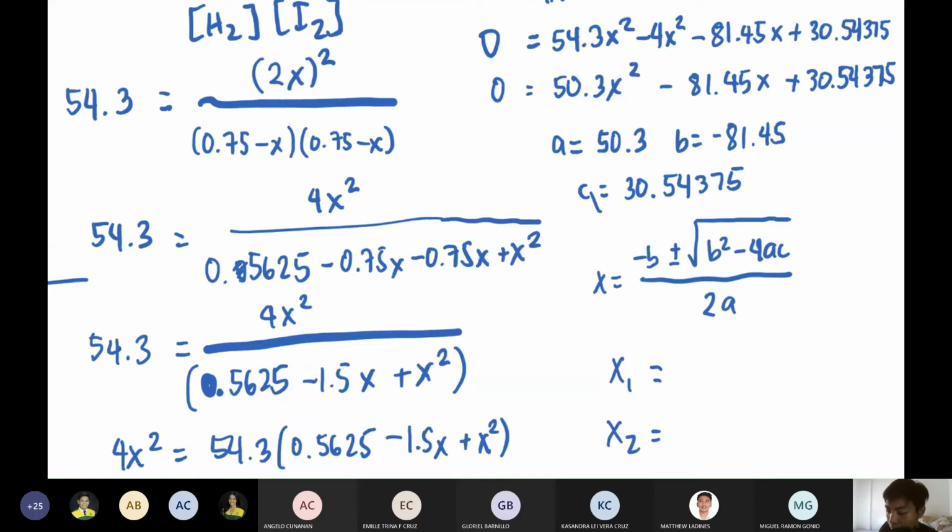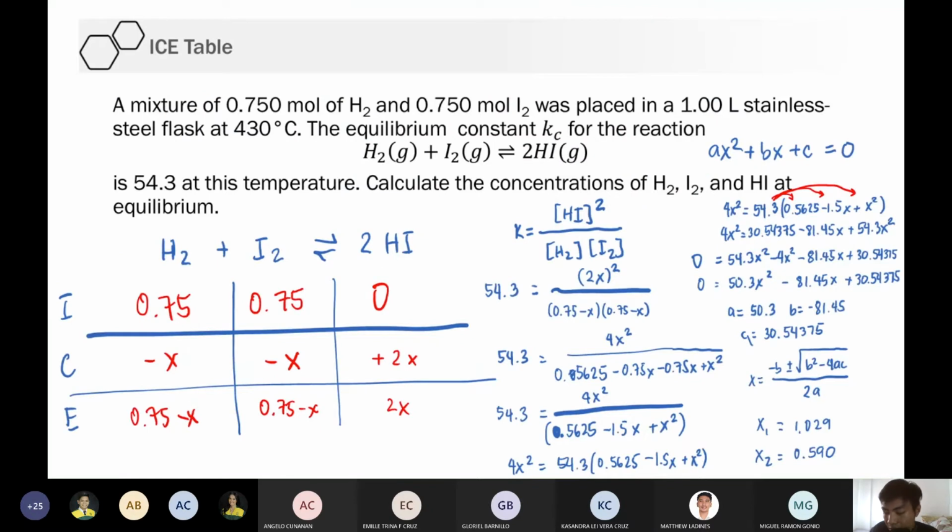X1 is equal to 1.029. Di ba, bilis? X2 is equal to 0.5898. Di 590 na lang. Okay. So, and I have 2 x values. No? Kasi dalawa yung roots ng ating equation.